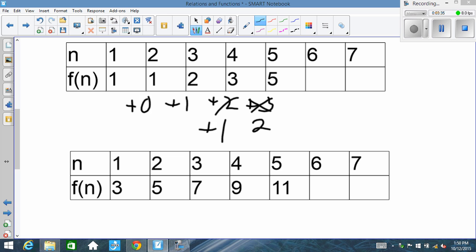The next one should be plus 3, which is 8. Next one's plus 5, which is 13. This one doesn't have a really good function rule. It's a recursion sequence, so the next one's going to be plus 8, which is 21. This is the Fibonacci sequence. Each one is determined by its previous term. You add the previous term to it.